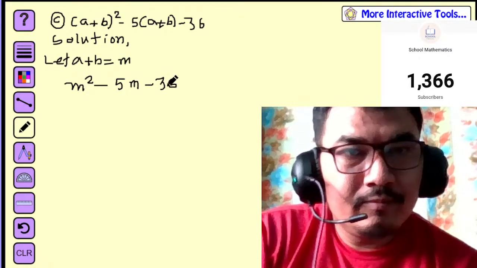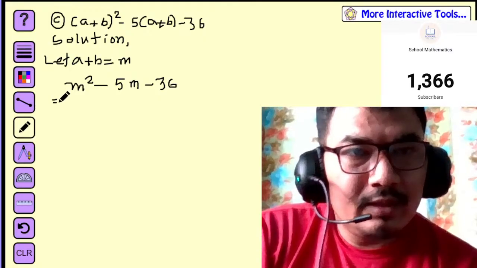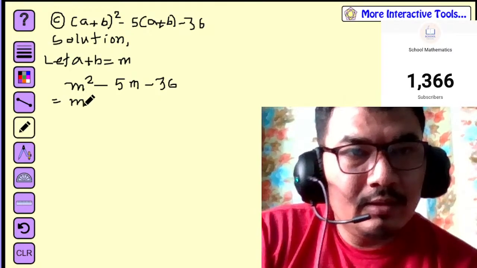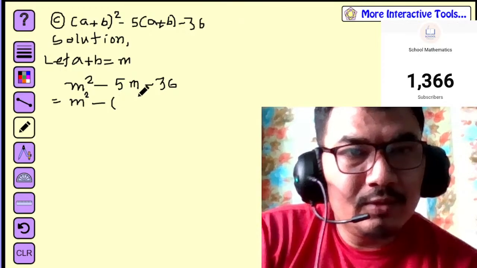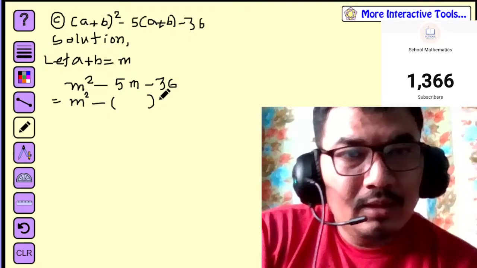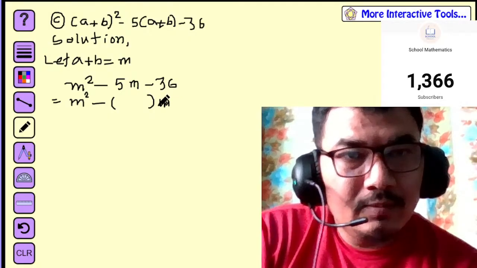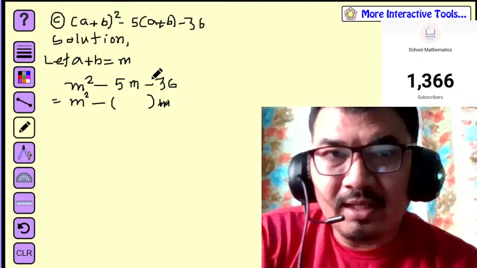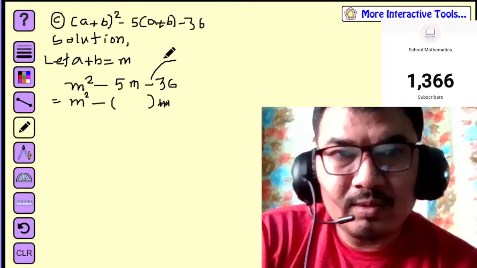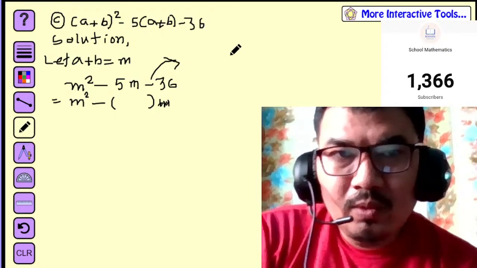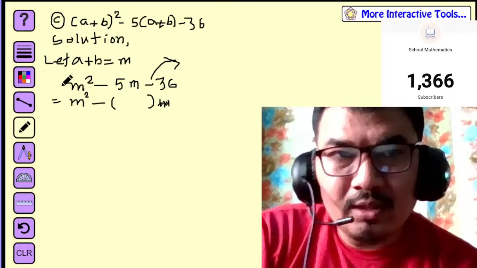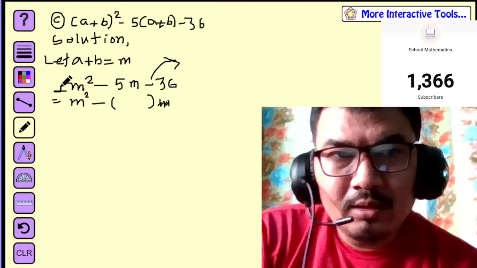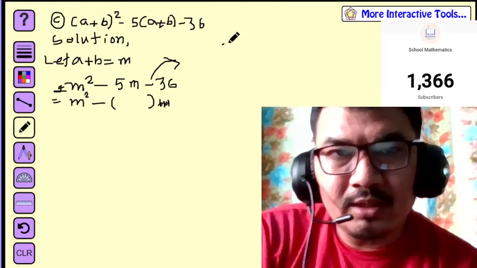And then when you factorize it, the middle term should be broken into two terms. One main thing I want to tell: the last sign is minus, and the last term is 36.